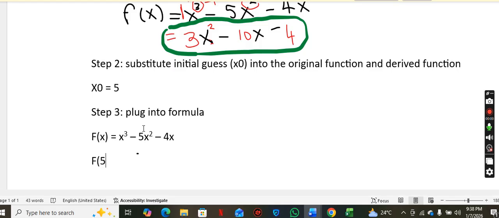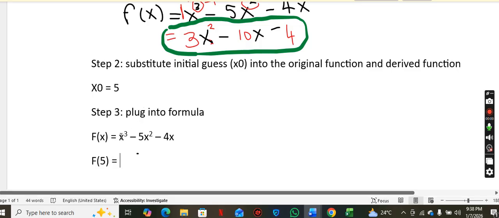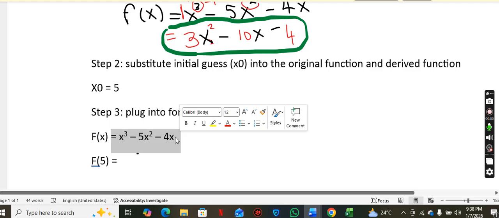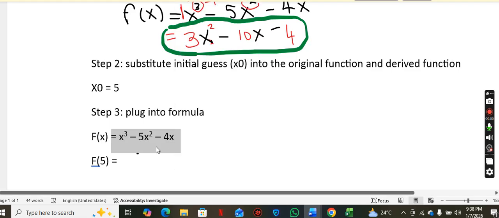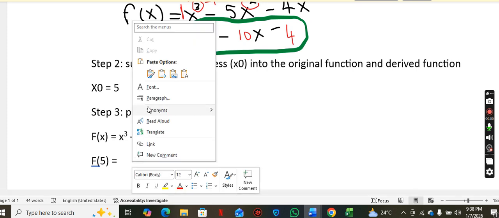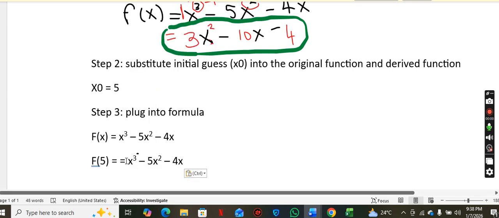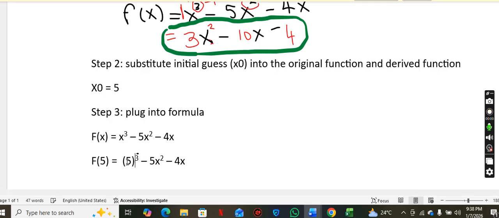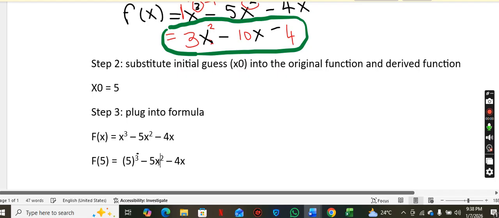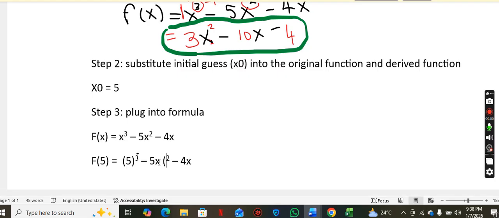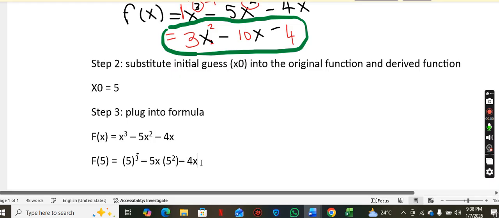F of 5 equals, where there's x, we substitute it with 5: 5 to the power 3 minus 5 multiplied by 5 to the power 2, minus 4 times 5.